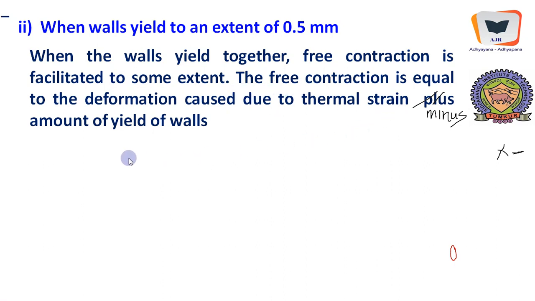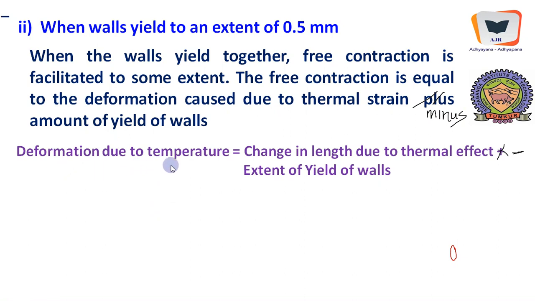The deformation due to temperature equals the change in length due to thermal effect minus the extent of yield of the walls. We know the deformation, that is change in length, is sigma T into L divided by E. It comes from PL by AE. Our change in length due to thermal effect is alpha delta T into L minus yield of the wall.